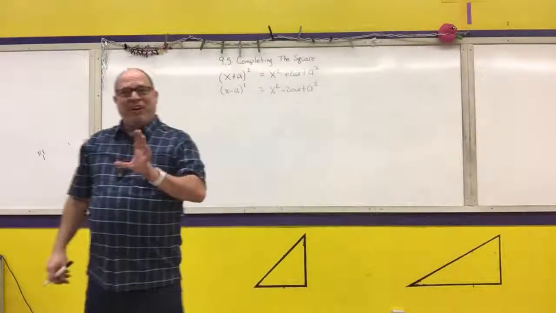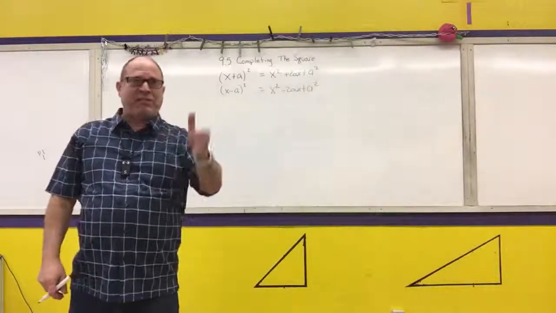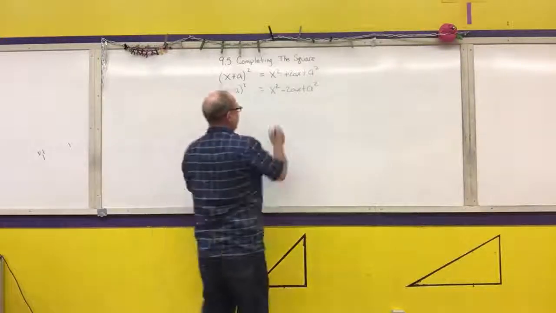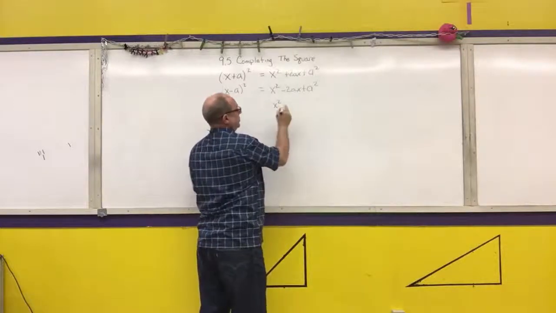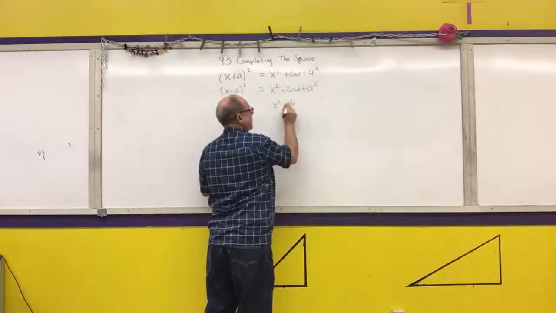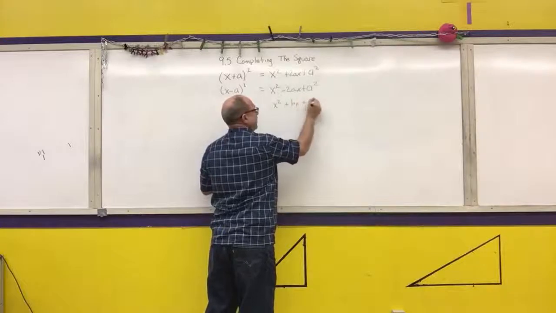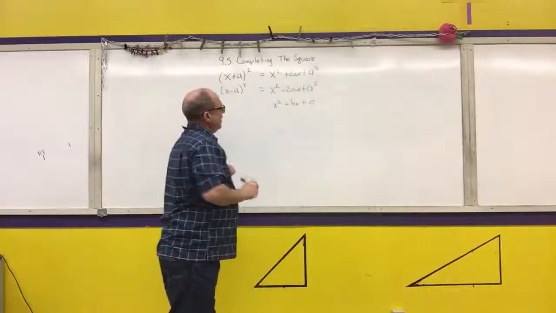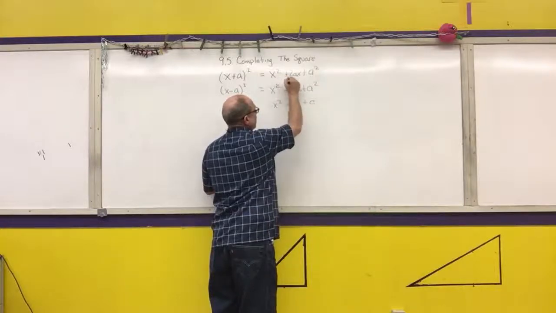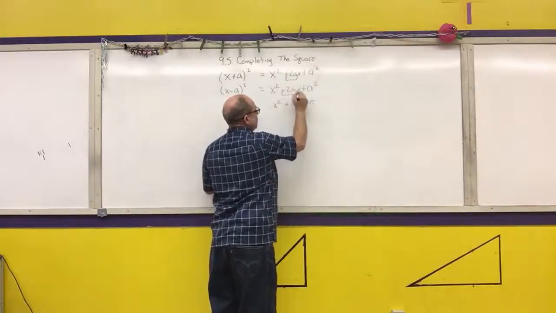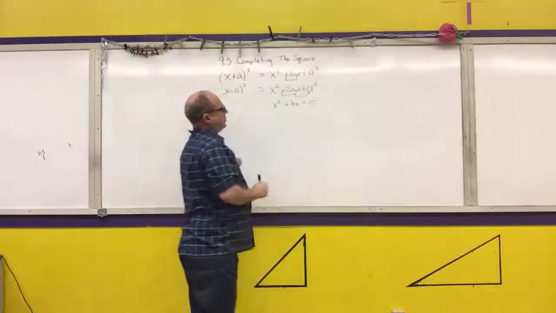So what I want to do is I'm going to write ax squared plus bx plus c. Actually, let's get rid of the a, because that's going to be one of the things. Okay. Let's look at the relationship here to this number right here.